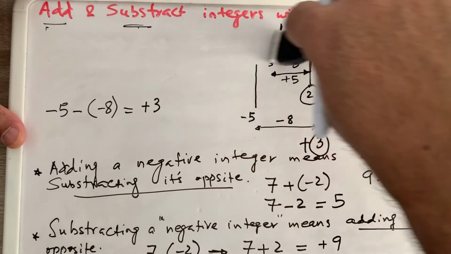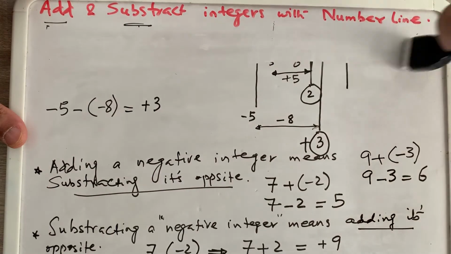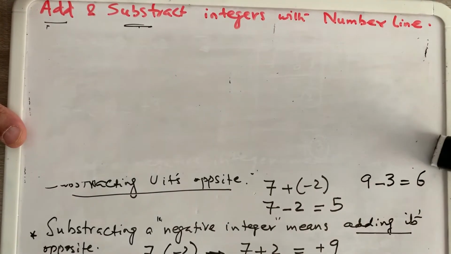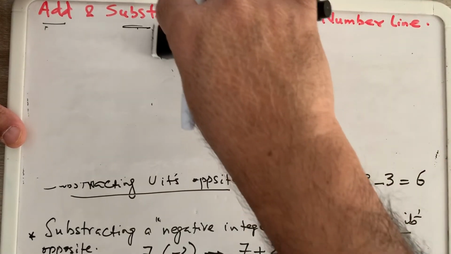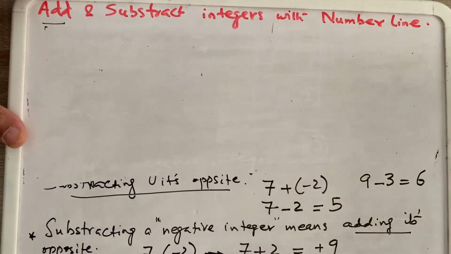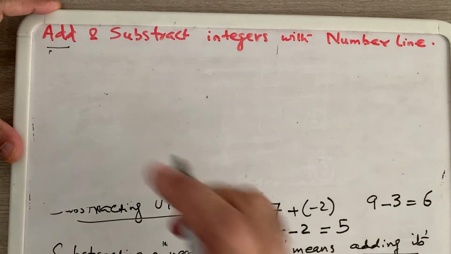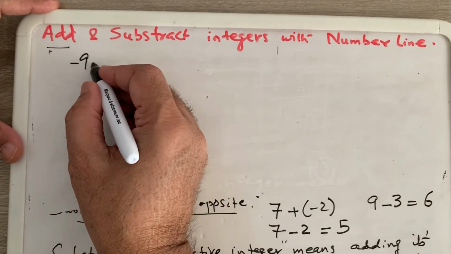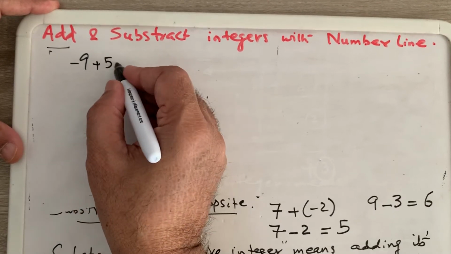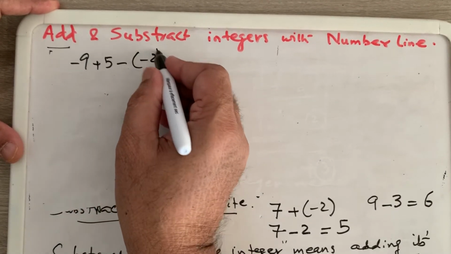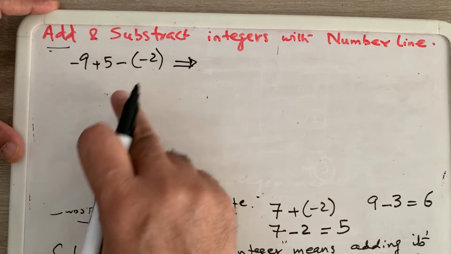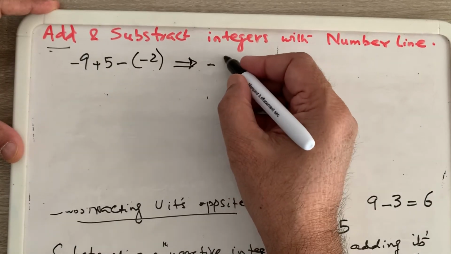So I erase this and I give you some more examples to understand it clearly. Find the answers of this: minus 9 plus 5 minus minus 2. Minus 9 is okay.